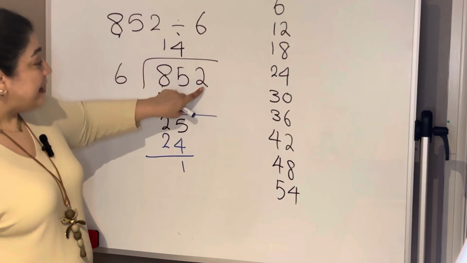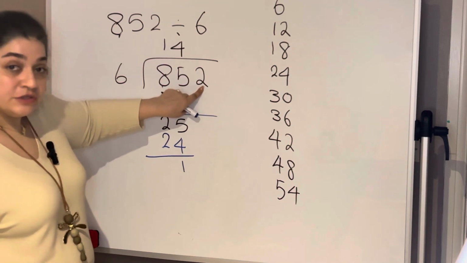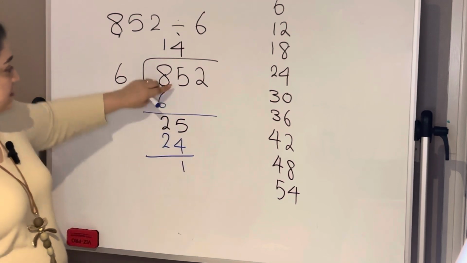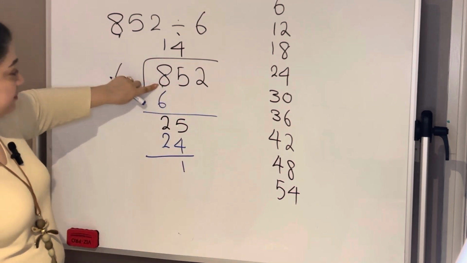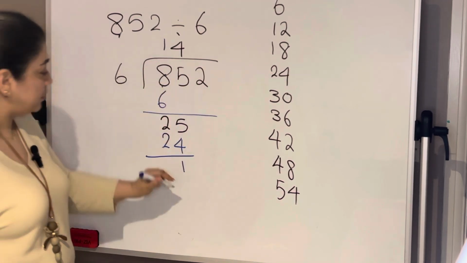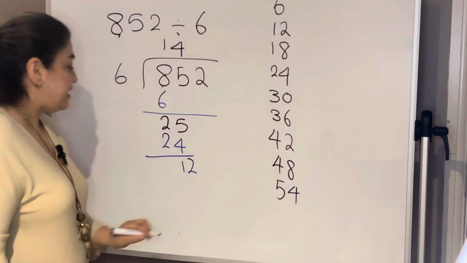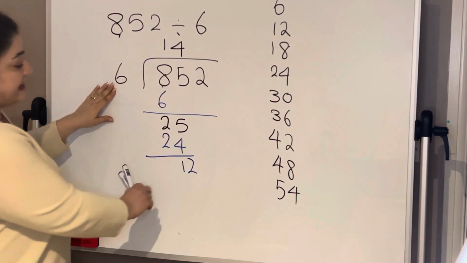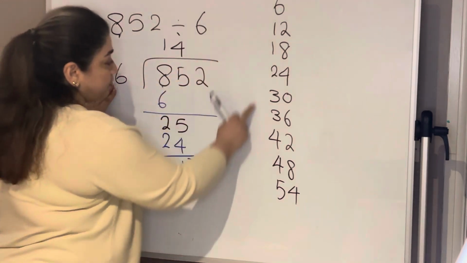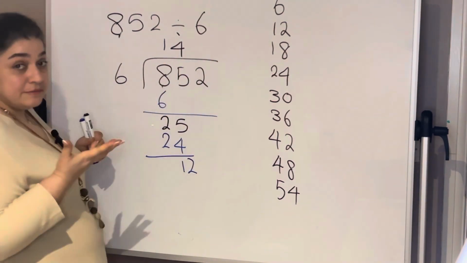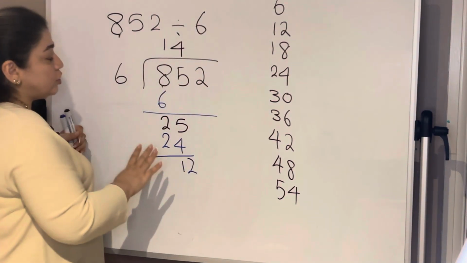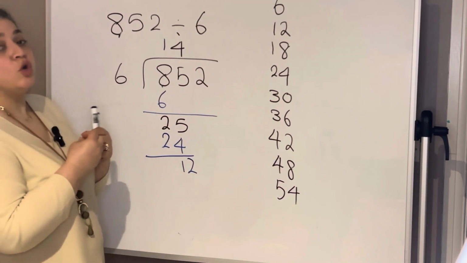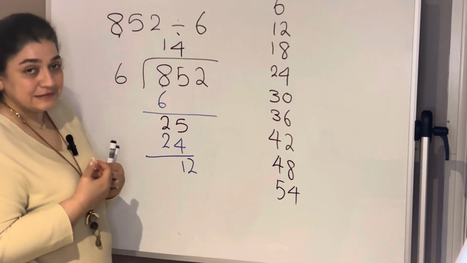And then I have to put this number next to the 1, okay? Because I've done this one, now I have to do this one. So I put 12 here, and then I look again in this part for which number is equal to 12 or very close to 12 and less than 12.